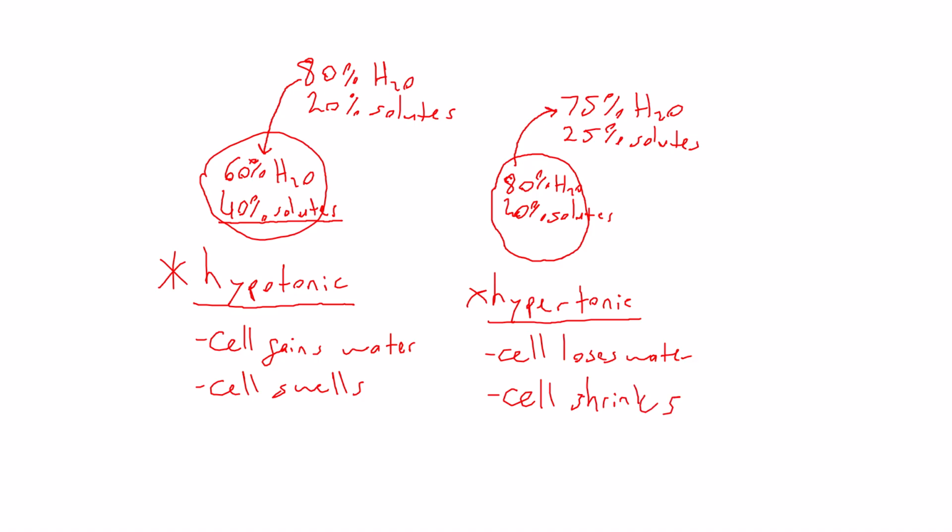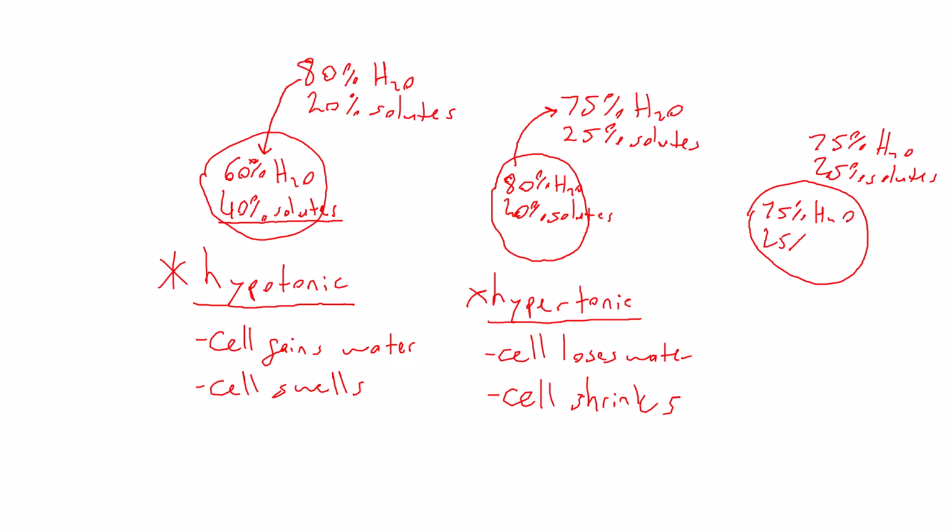Well, we want the numbers that are on the outside and the inside, when you compare them, to be about similar. So let's say the outside is about 75%. And the inside is also about the same.